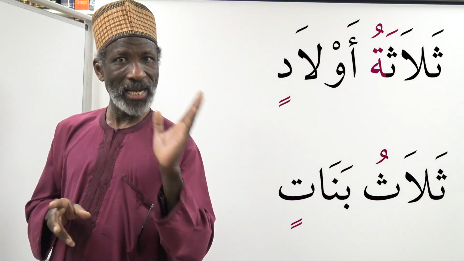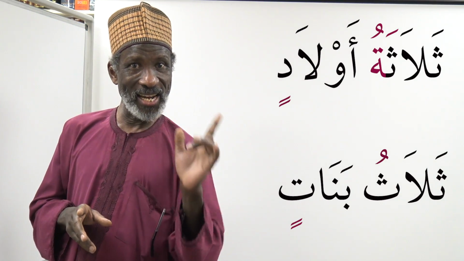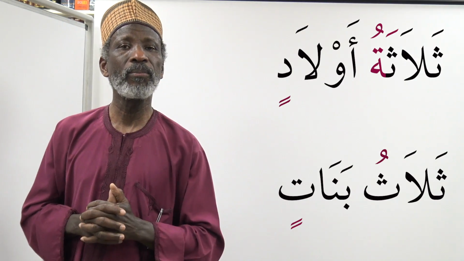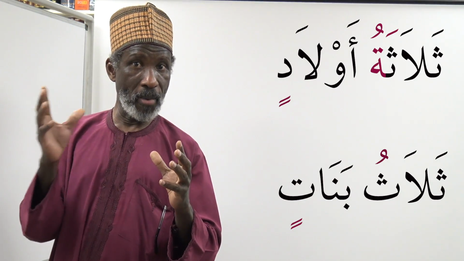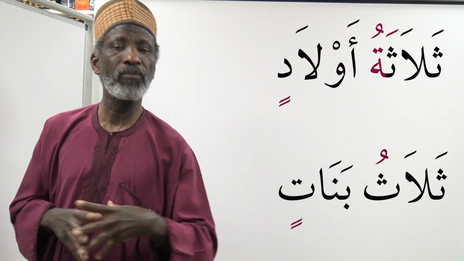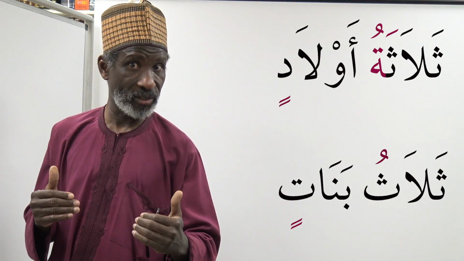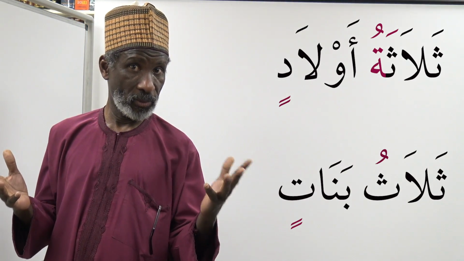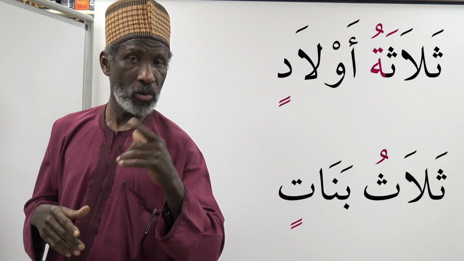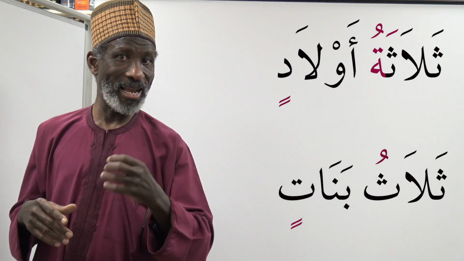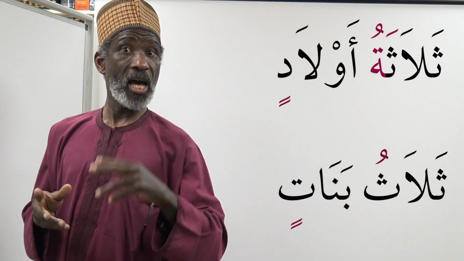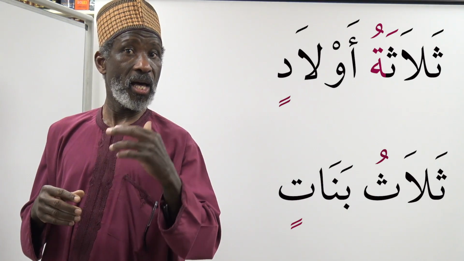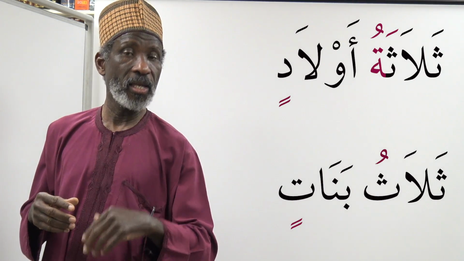What about the second noun? أولاد بنات. What's happening there? The second noun in this structure must be genitive. In this case, kasra. ثلاثة أولاد, ثلاث بنات.